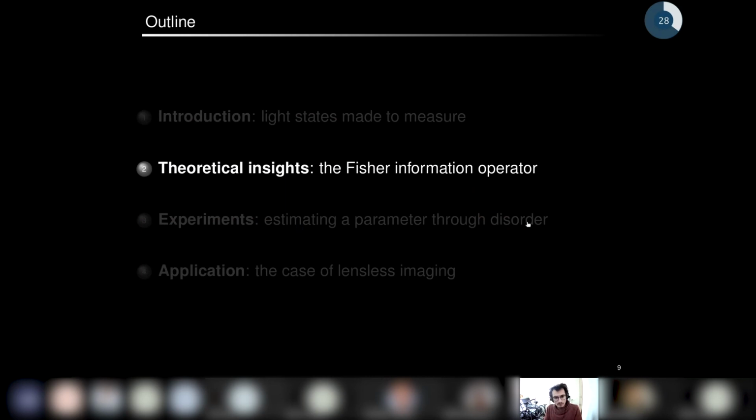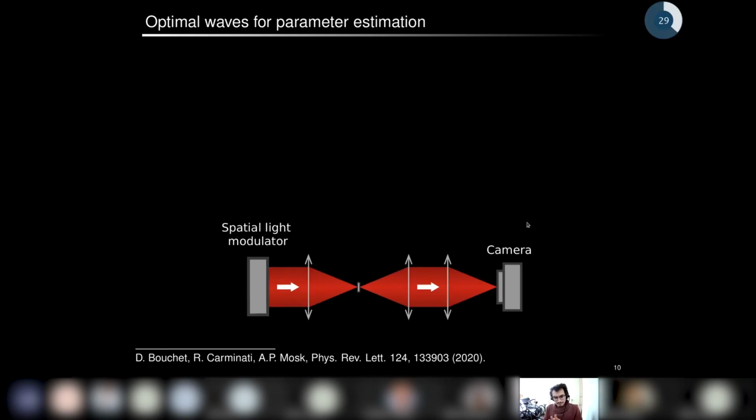Okay, now I will go to the second part of my talk, which is the theoretical tool, the Fisher information operator. As I introduced at the beginning, we want to find the optimal input coherent field in order to maximize the Fisher information for one or several parameters of interest.